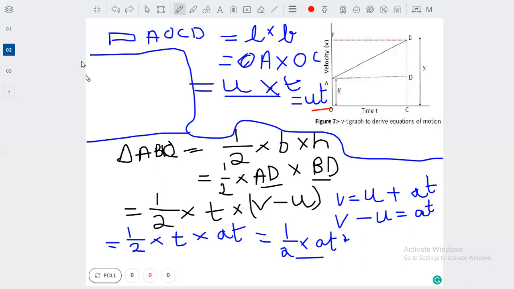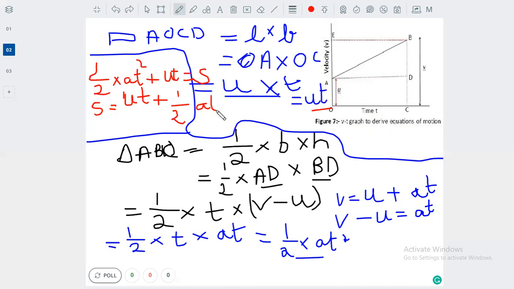So the triangle area is half into AT square, plus UT is equal to S. So that's it. I wrote it the other way around, so let me write again: S equal to UT plus half AT square.